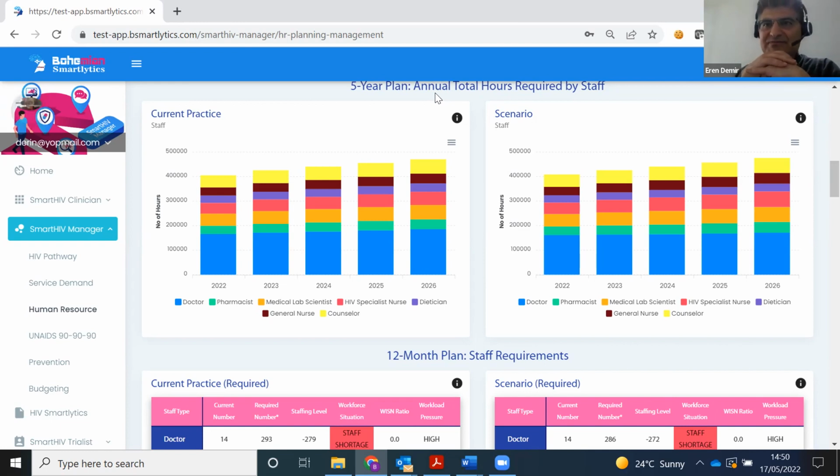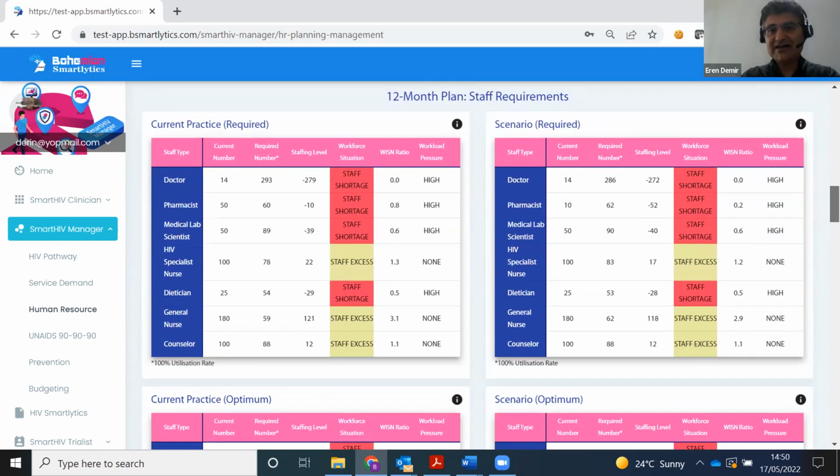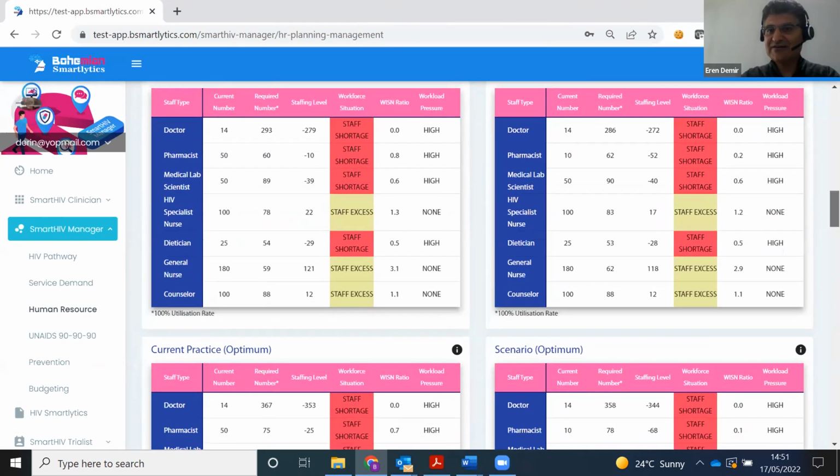There are about 100 of them directly related to Swaziland. We have a template of all the input parameters that we sit down around the table, update, and make sure it's all customized for you and validated so that it's ready for use. That's why this is just a demo. That's okay, I just wanted to understand if it's possible to alter. Yep. So it highlights where you've got staff shortages and staff excess for each of these staff types.